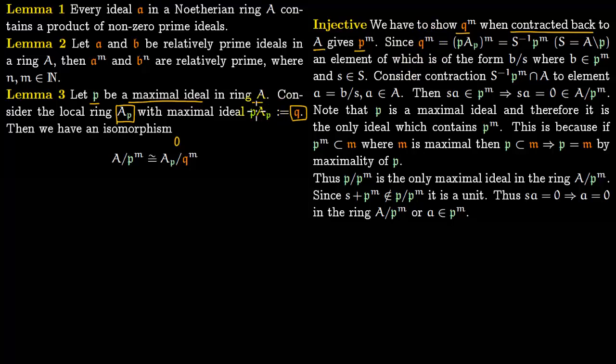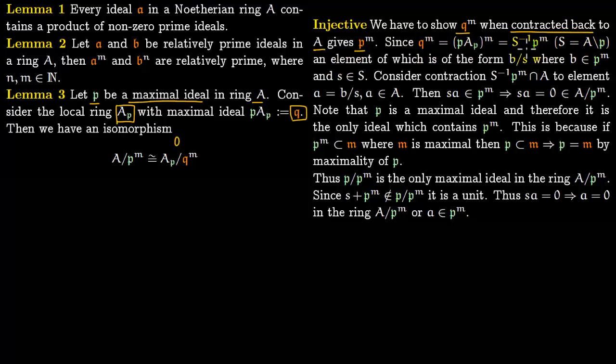So focus on this portion here. Q^m is nothing but this prime ideal P extended in the localized ring A_P. So Q^m is (PA_P)^m, which you write as S^{-1}P^m, because you have fractions here. This is a local ring, you have fractions here, where S is just A with all the elements belonging to the prime ideal taken out. So this S is the multiplicatively closed set.